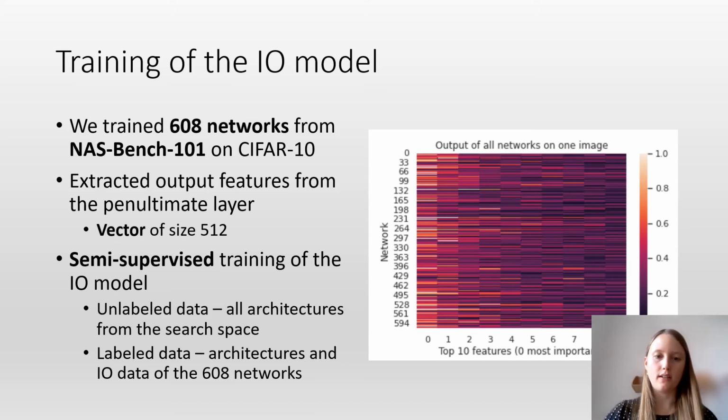So we got a vector of size 512. On the right, you can see how the features look like. Here you see the 600 networks, and here are the top 10 features, so the most important features on a given image. And you can see quite a large variability across the different networks.